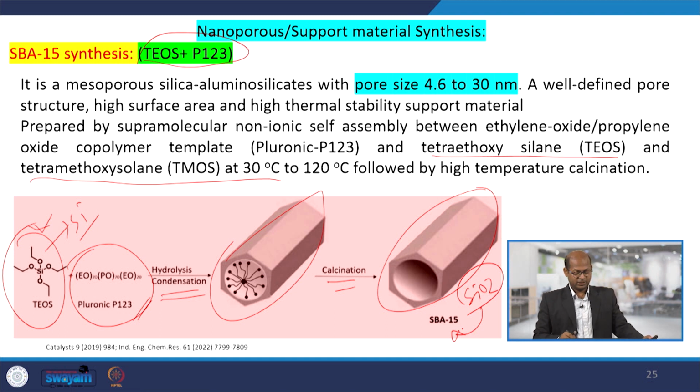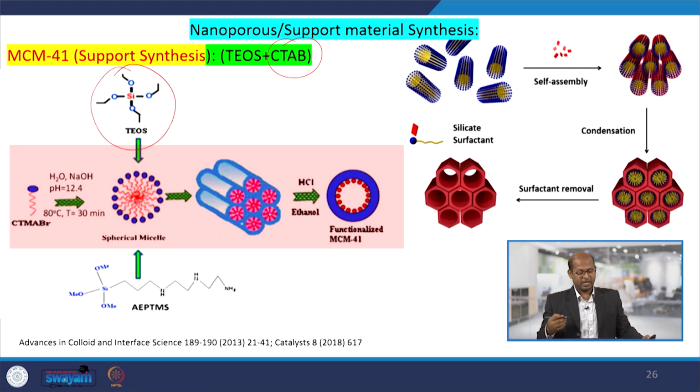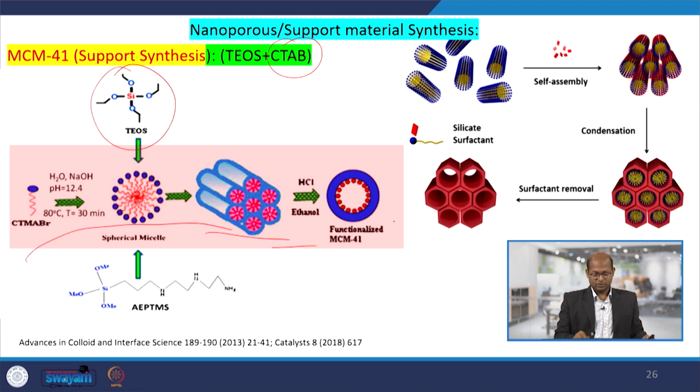So, here it is called SBA-15 because we are using non-ionic surfactants. If it is ionic surfactants, like CTAB, if we use it, here also TEOS is used, and CTAB is used as a surfactant or self-assembly material. Then by these steps we can form MCM-41.